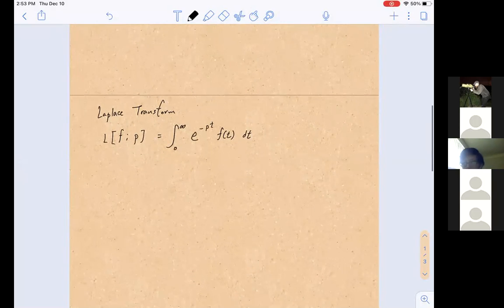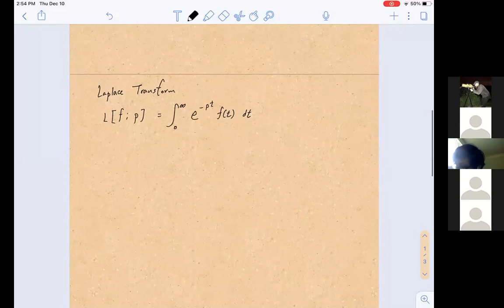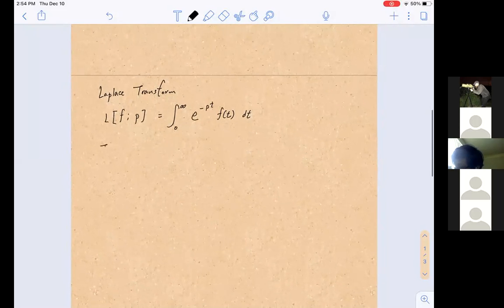Right, so then you can do a bunch of Laplace transforms of familiar functions: exponentials, sines, polynomials, etc. And then how to find the inverse.